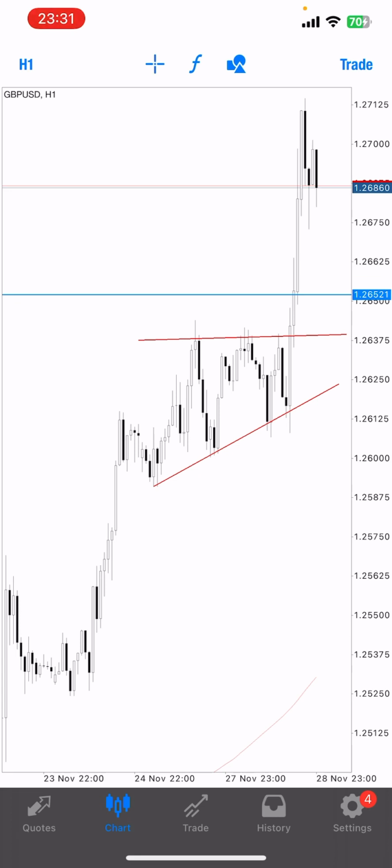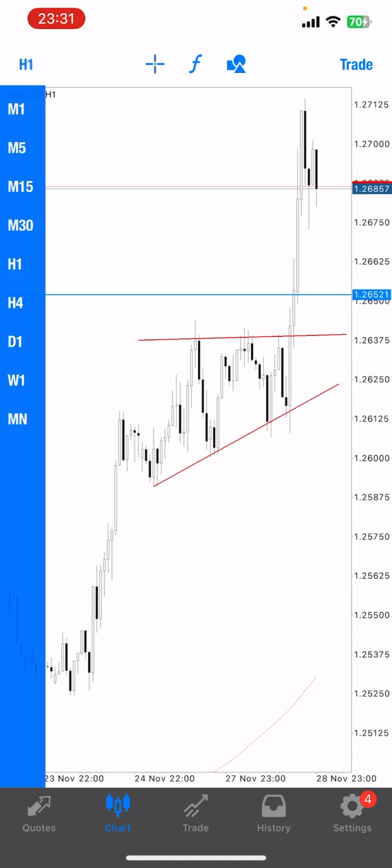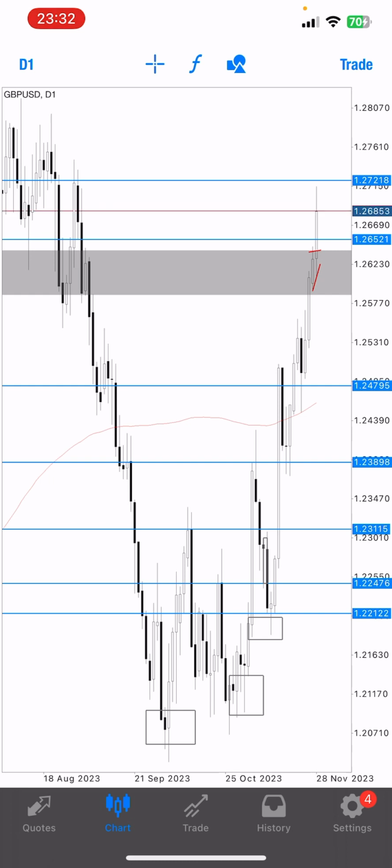So we have to wait for the market to accumulate below 61.8, and the structure must be created before you start looking for a selling order. So what we do right now, we wait and see how the market plays below the 61.8 Fibonacci retracement level.